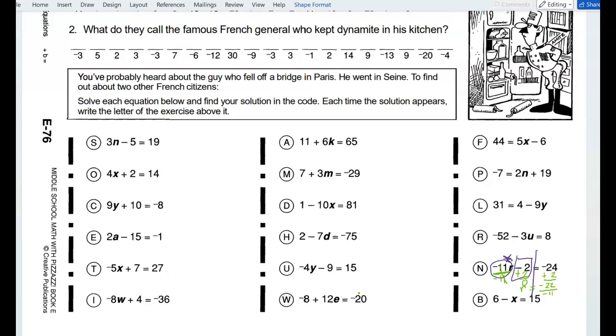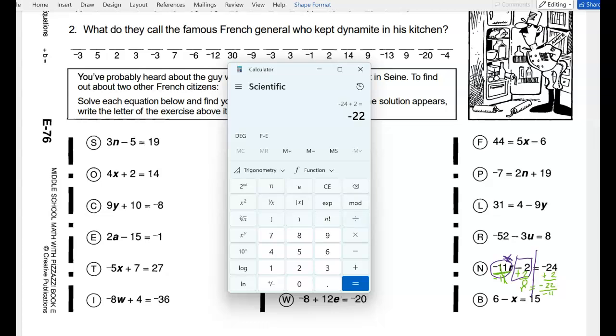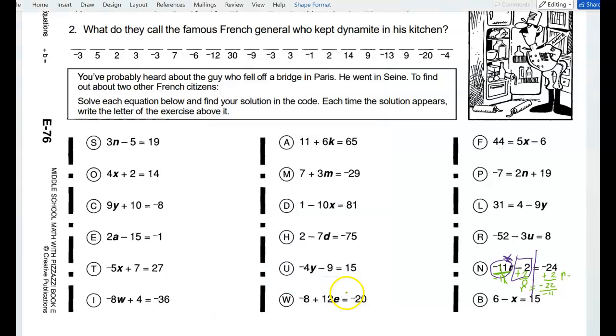Negative 22 divided by negative 11 gives us 2. So R equals 2. That is our answer for letter N. And we're going to find the number 2 up here. There it is. So we're going to put the letter N there.